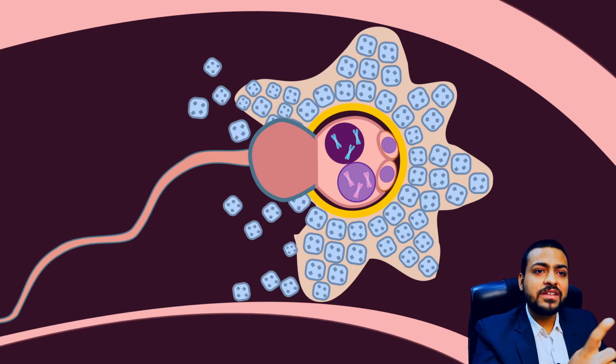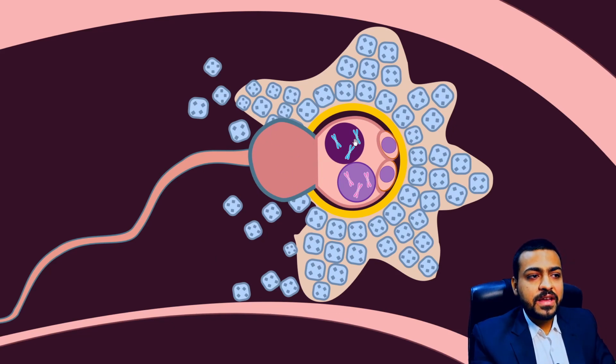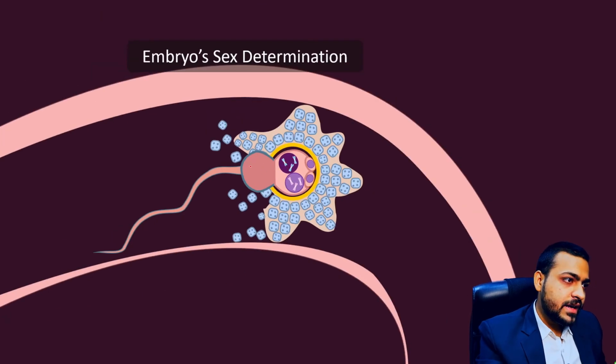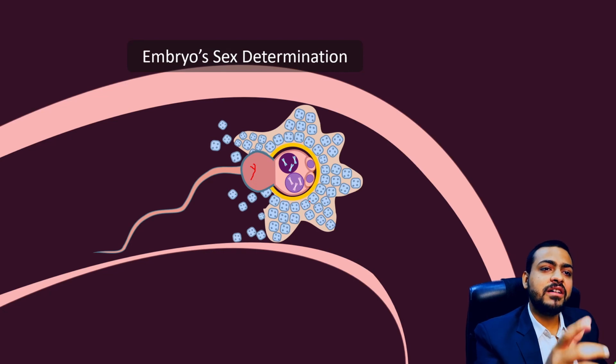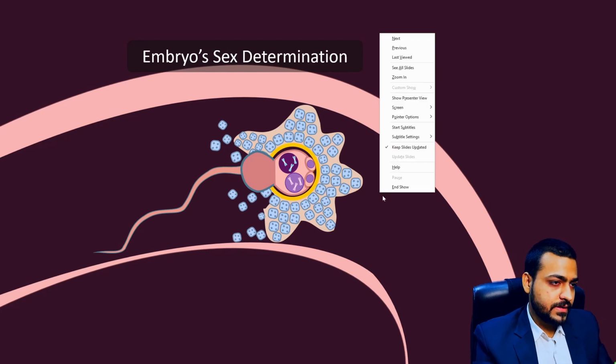So the sperm may be X or Y, but the oocyte is always X. If the sperm is X, this X will combine with the X of the oocyte to form double X. What is that? Female. And if it is a Y sperm, this Y will combine with the X of the oocyte to form XY, that is male. So that was about sex determination.